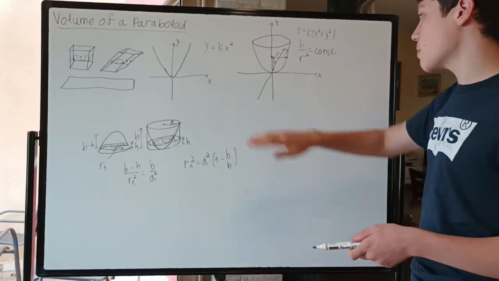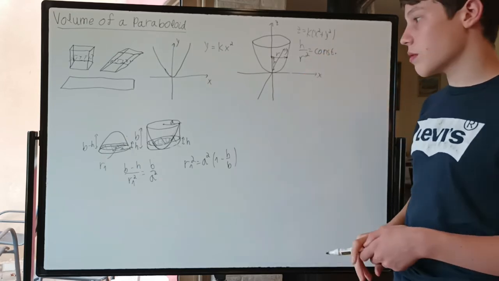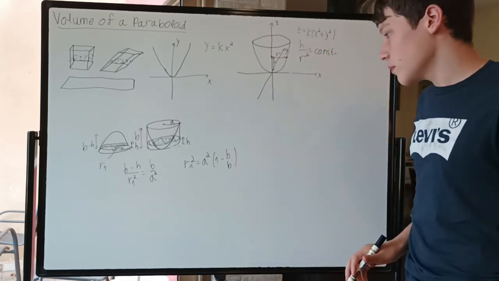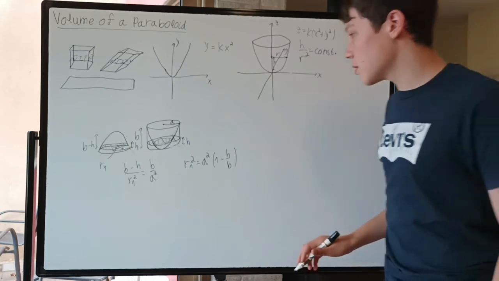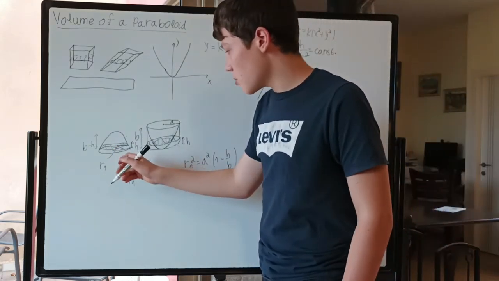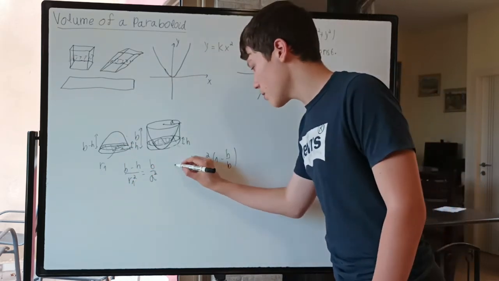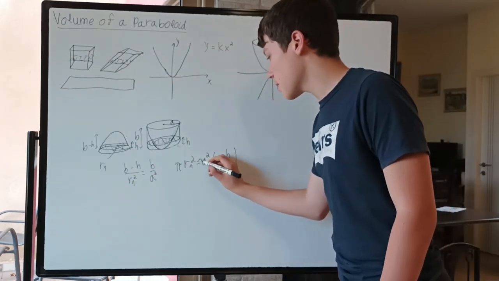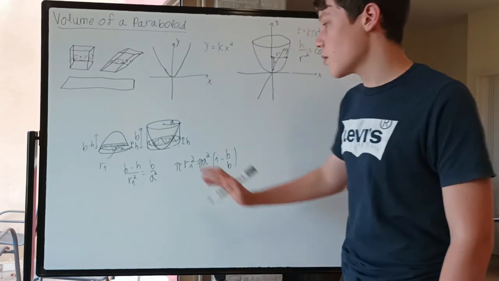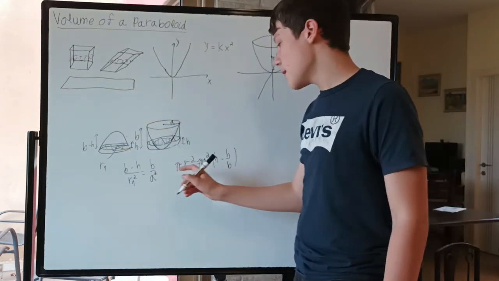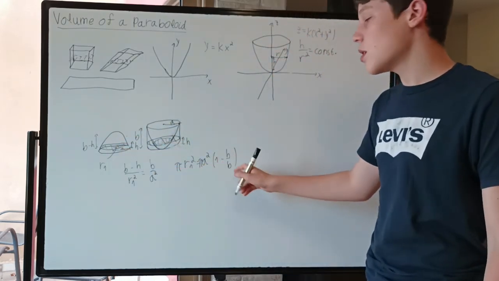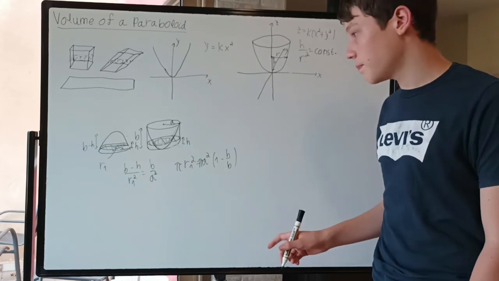So any cross section parallel to the xy plane will be a circle. So here, we know that this is a circle, so its area is pi r squared. So we just need to multiply this by pi. And we get that the area of this cross section is pi a squared times 1 minus h over b.